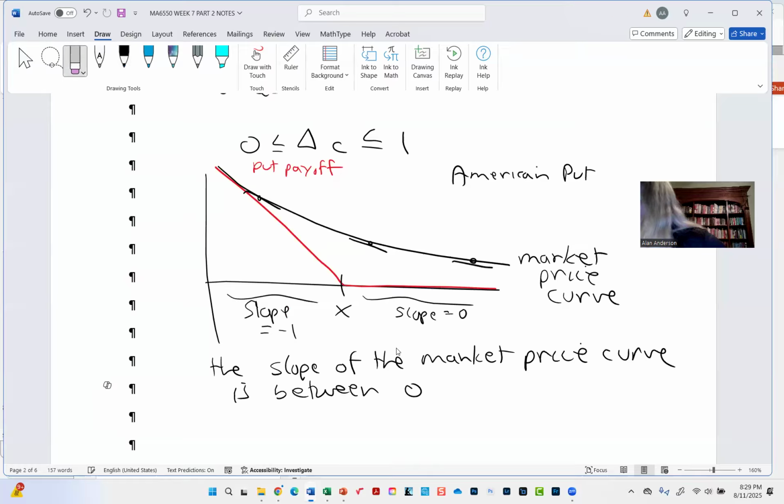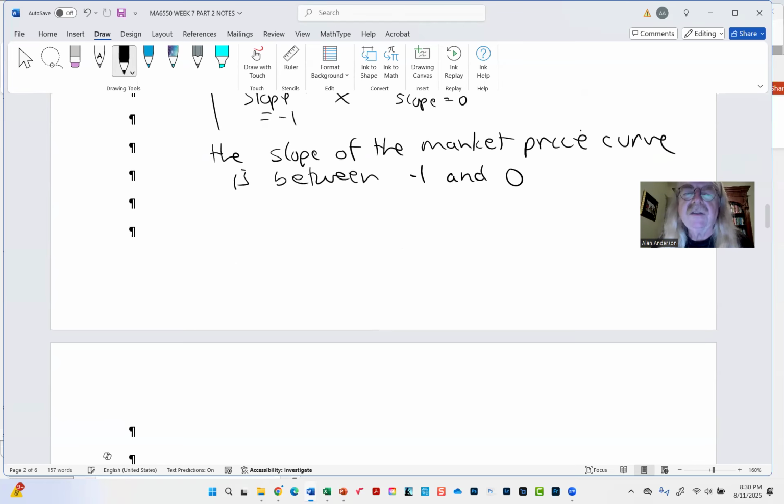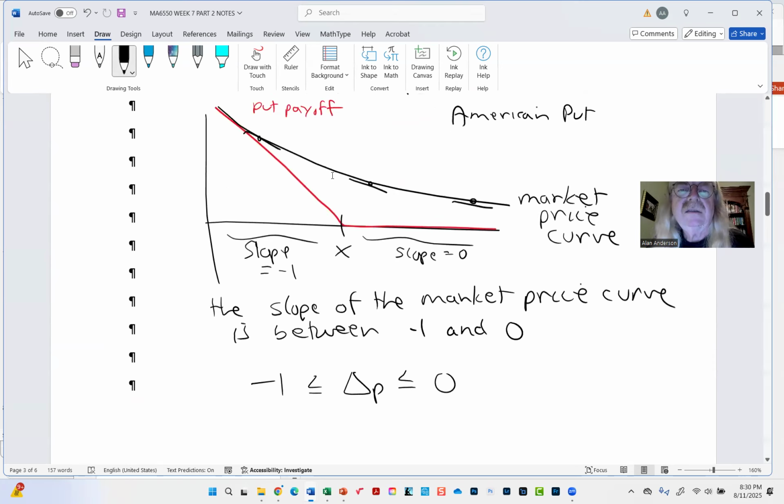Actually, I should write it as -1 and 0. So that implies that the delta, because the delta is the slope of that curve, is between -1 and 0. Okay.